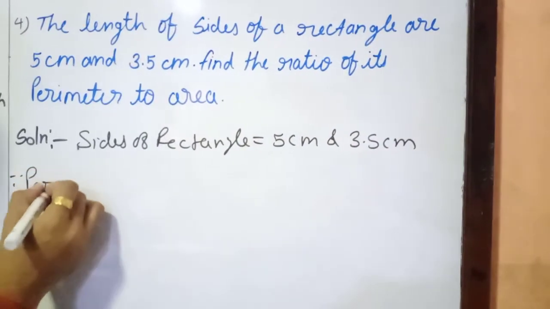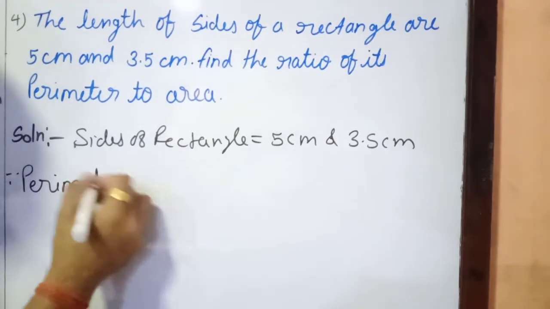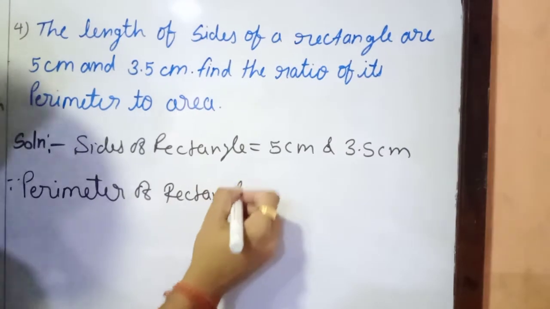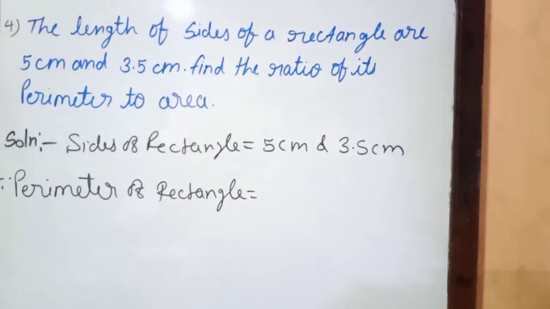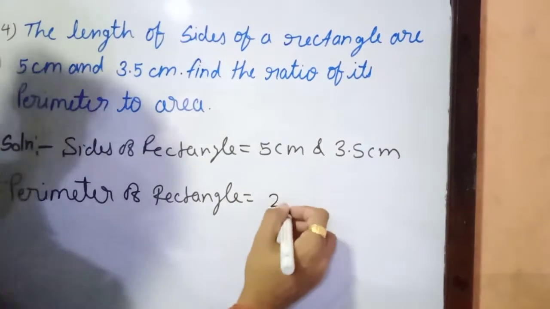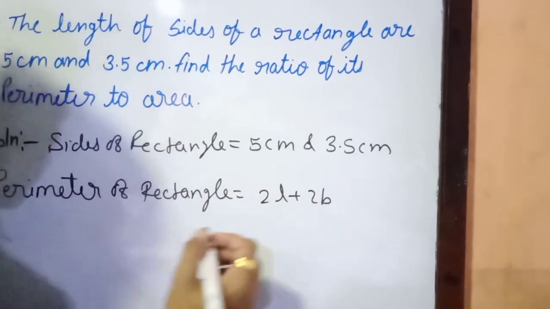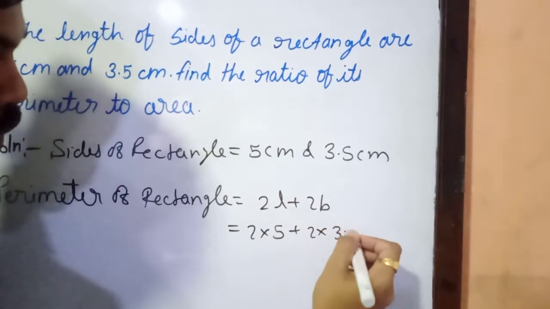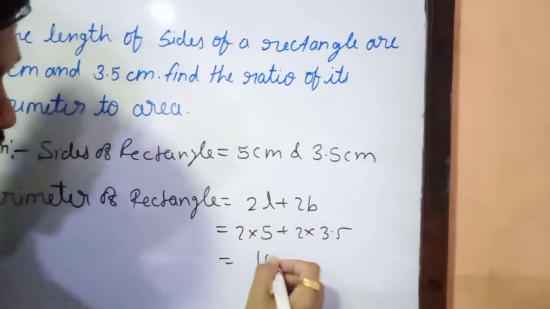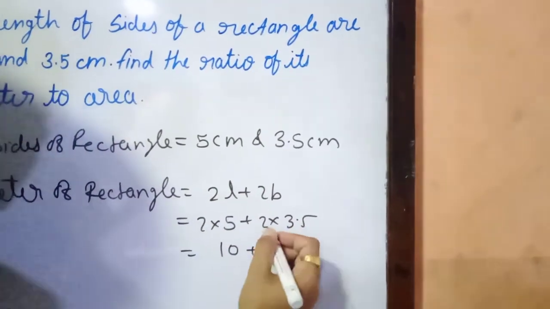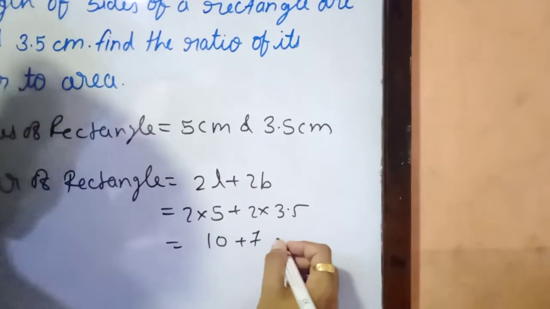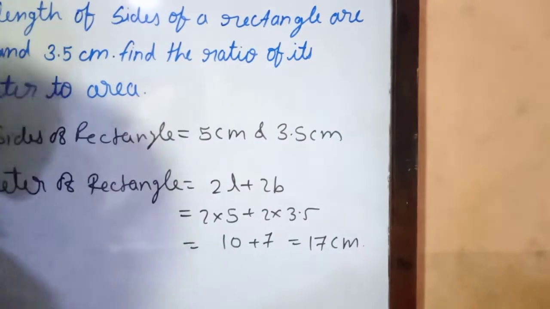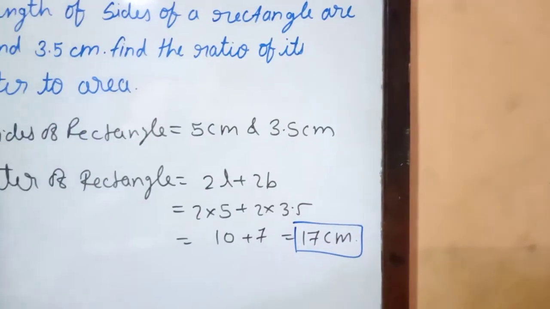As perimeter of rectangle is equal to, what is that? 2 into length plus 2 into breadth is equal to 2 into 5 plus 2 into 3.5 is equal to 2 fives are 10 plus 3.5 multiplied by 2 will become 7, so 17 centimeter. That we got the perimeter of rectangle.